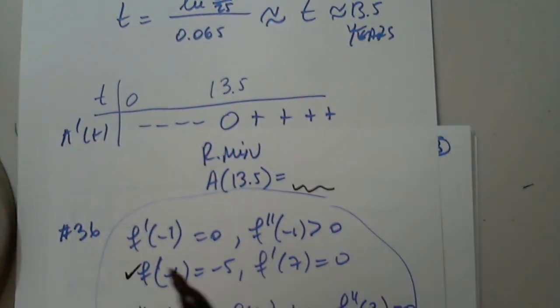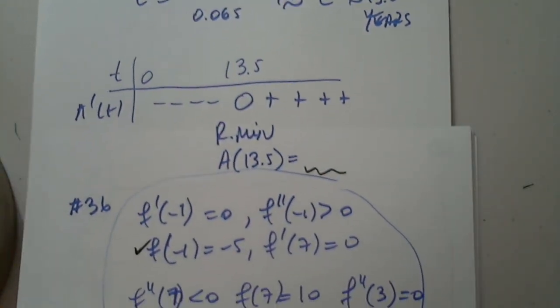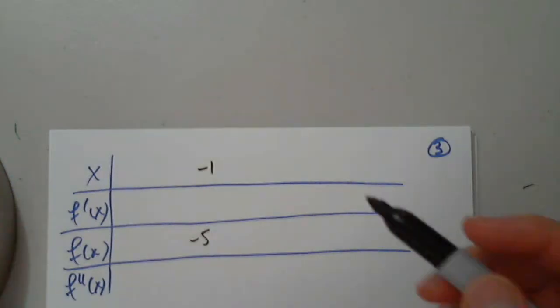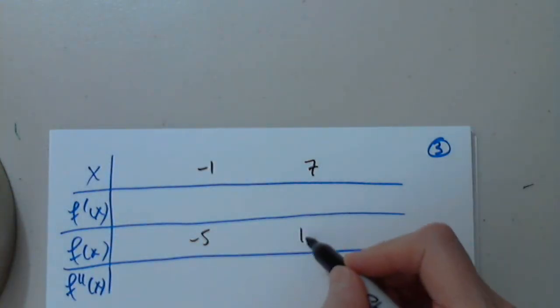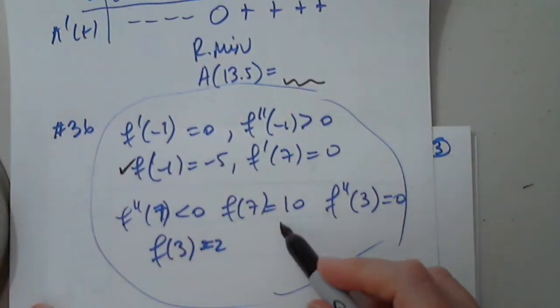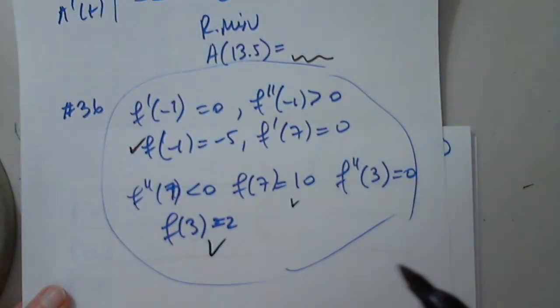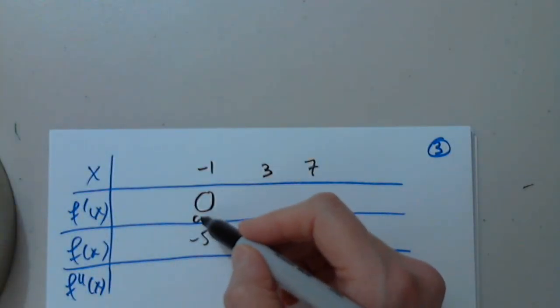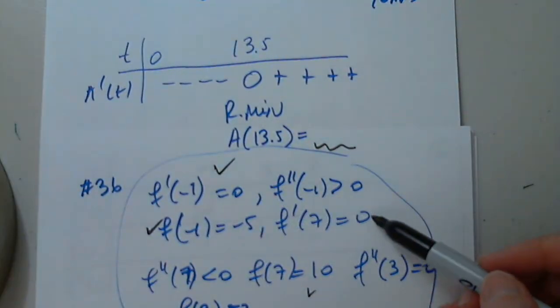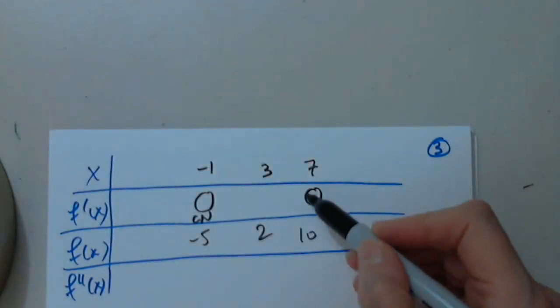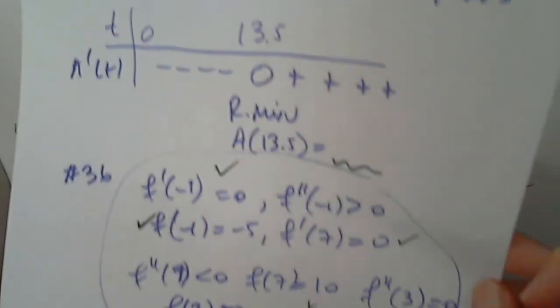This is done. F of 7 equals 10. This is done. F of 3 equals 2. This is done. I have f prime of -1 is 0, which means this is a critical number. I have f prime of 7 is 0. It's another critical number.